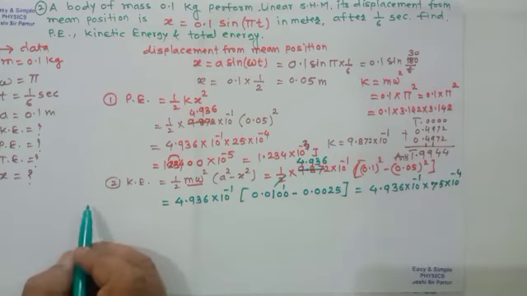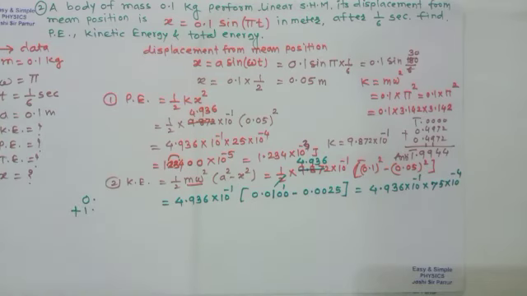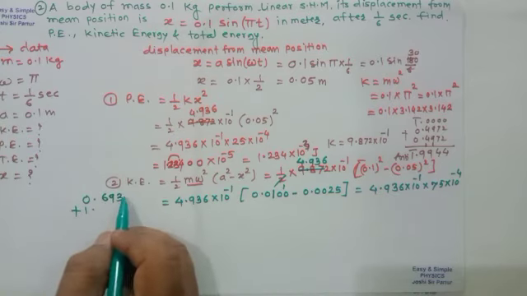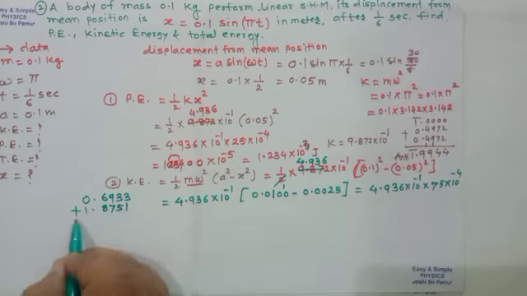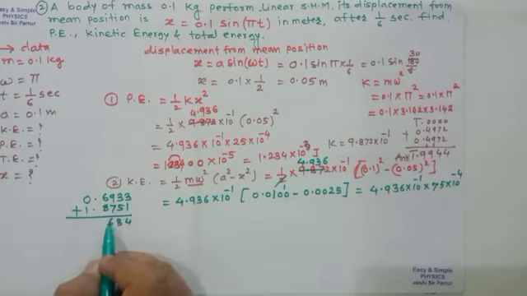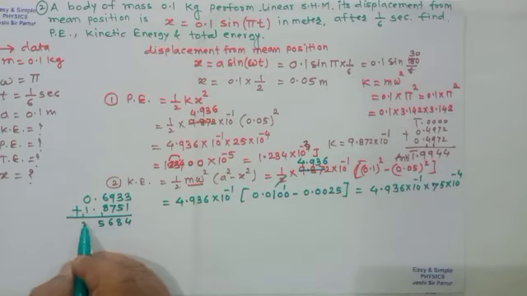Again, if we take the log of 4.936, it is 0.6933, and the log of 75 is 1.8751. Adding, we get 2.5684.